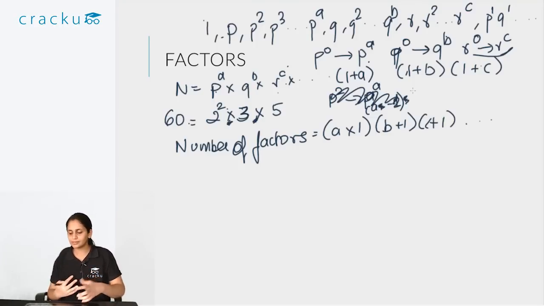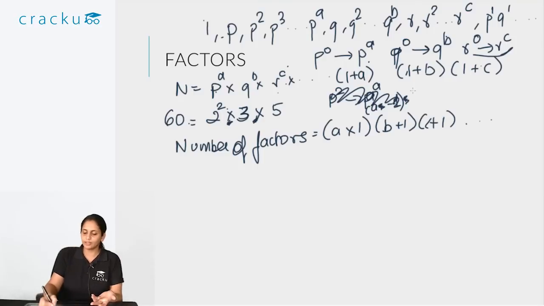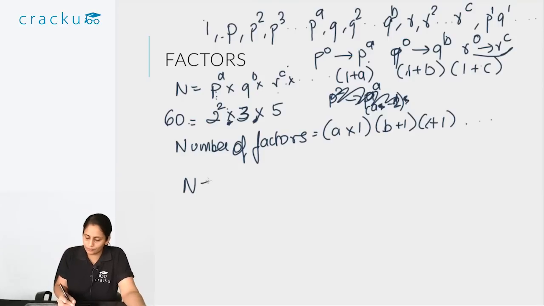So why am I discussing this? The common condition that comes is basically how many are even factors or how many are odd factors. So generally, let's say that p represents 2, the highest power of 2 in N. So say N is of the form 2 raised to a into q raised to b into r raised to c and so on.